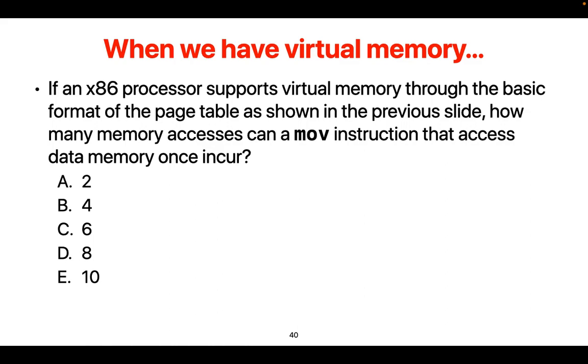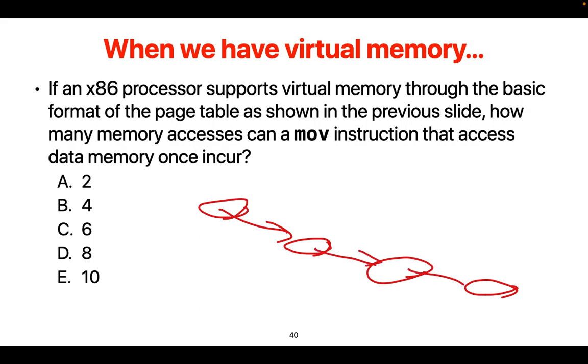What's your name again? Ivan? Ivan. Okay, sorry. No worries. Okay, what do you think? Originally I said 8 because we would need to access the page table, so the 4 levels to get the information, and then another 4 levels to know where to place it.